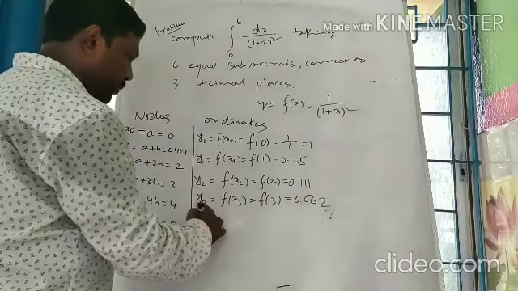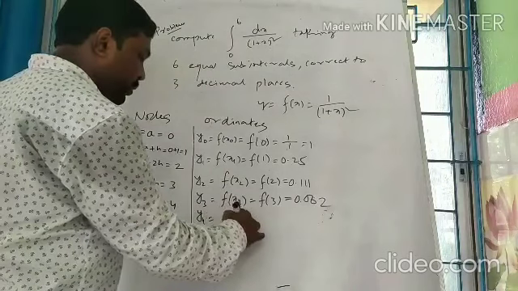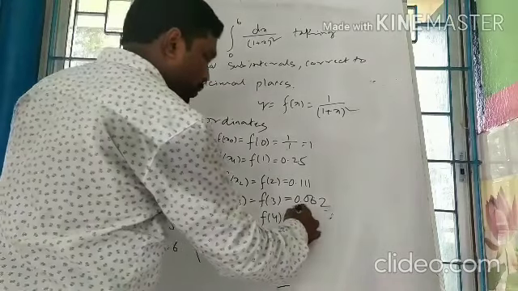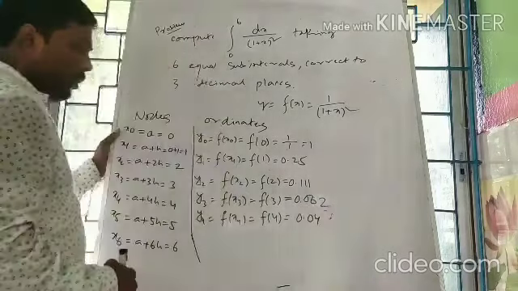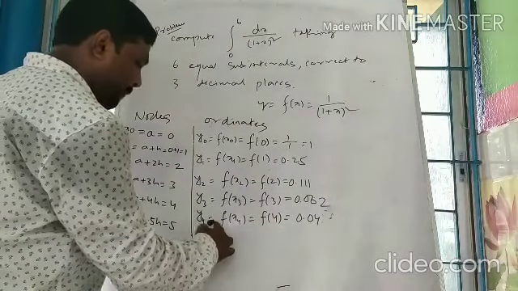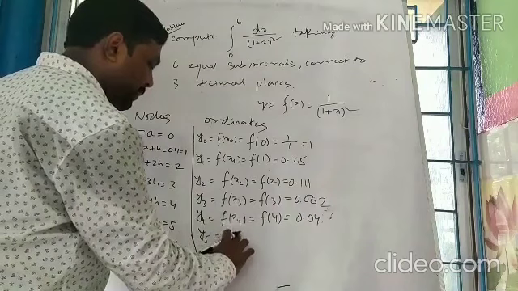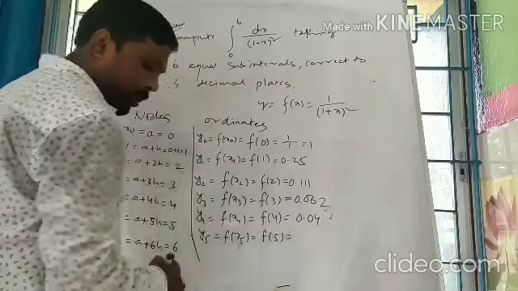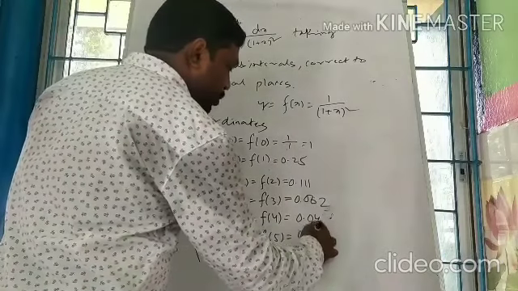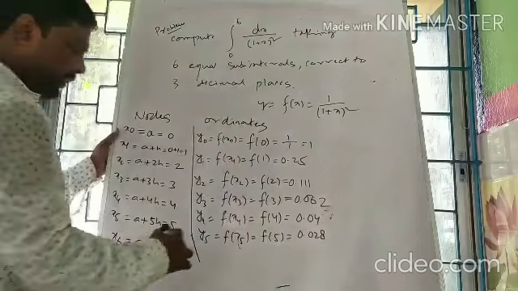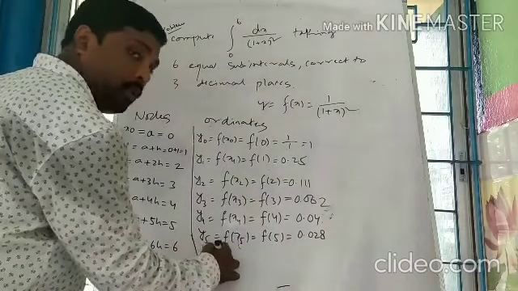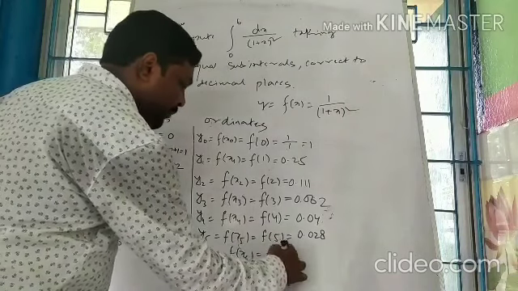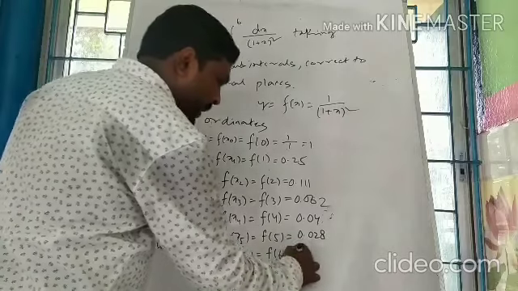Next y4 is f of x4, that is f of 4, it is 0.04. Next y5 is f of x5, that is f of 5, equals 0.028. Next y6 is f of x6, that is f of 6, equals 0.02.